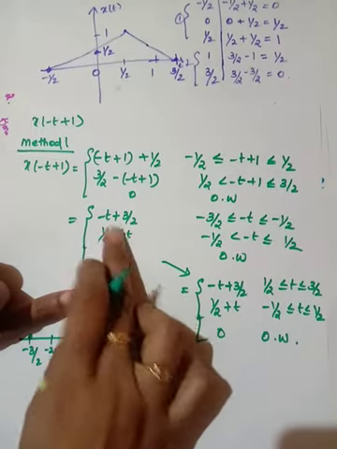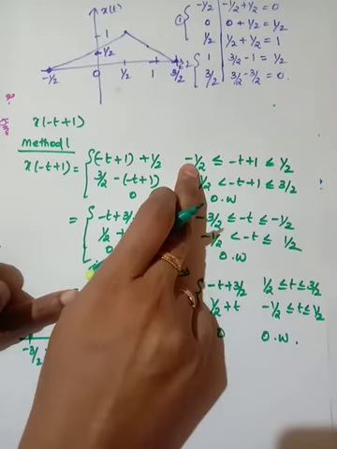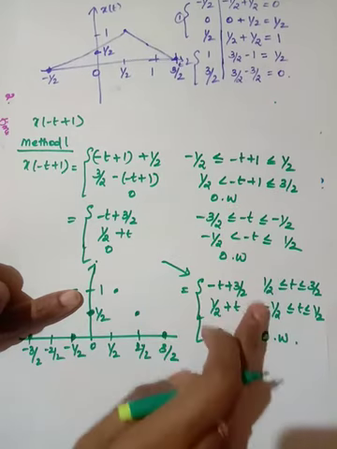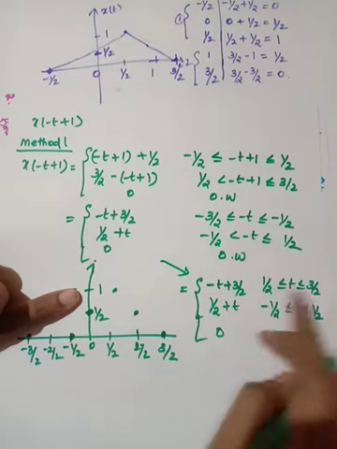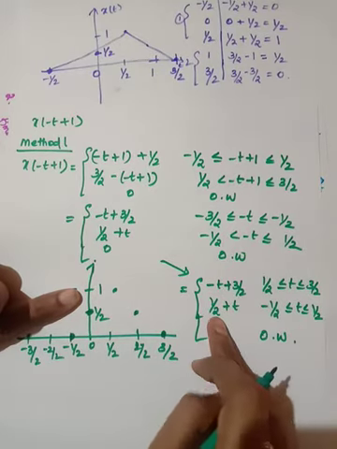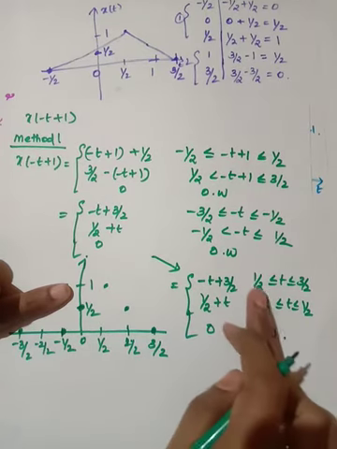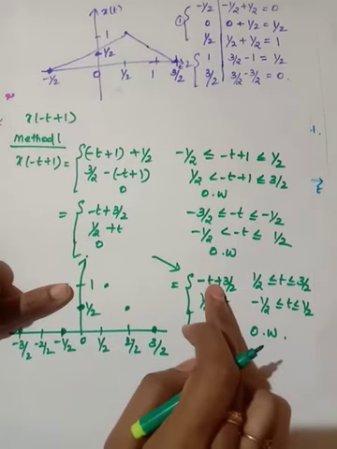Then after simplification, you will first shift 1 to this side, so you will get minus 1, then you will have minus t. After that you may need to convert this into t by changing this range. So you will have this expression. Now here the range is from 1 by 2 to 3 by 2, here you need to consider this equation.